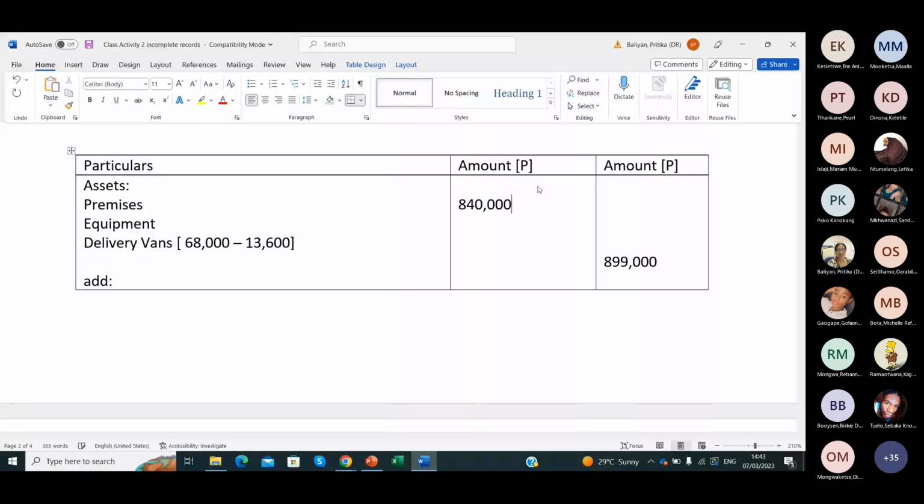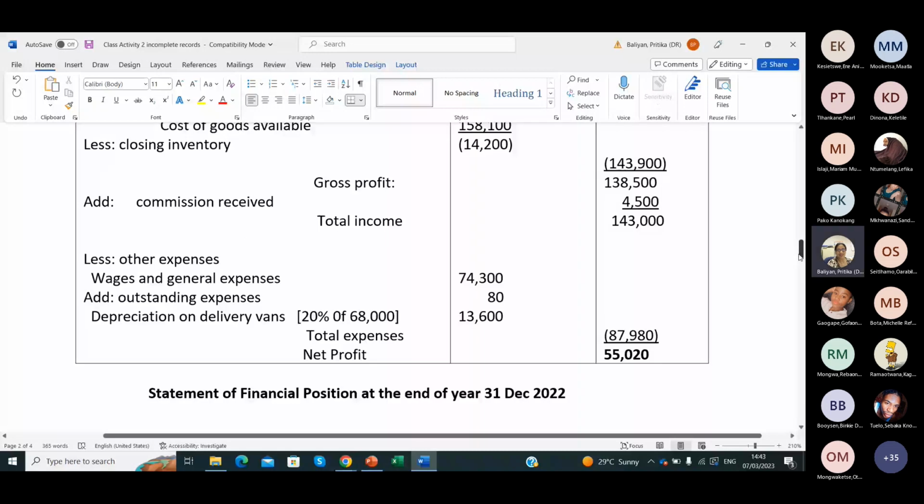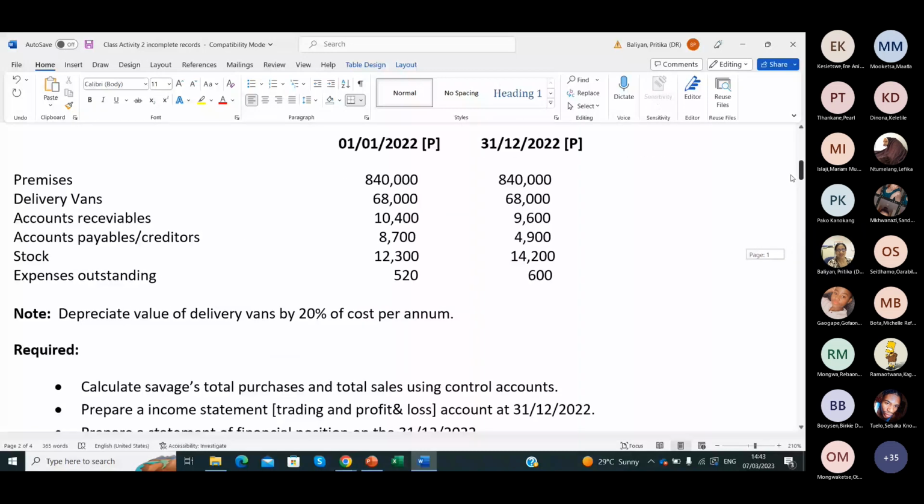Then equipment. Do we have equipment in the question? No, there is no equipment.